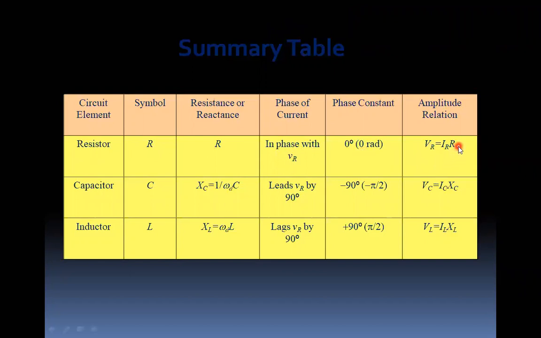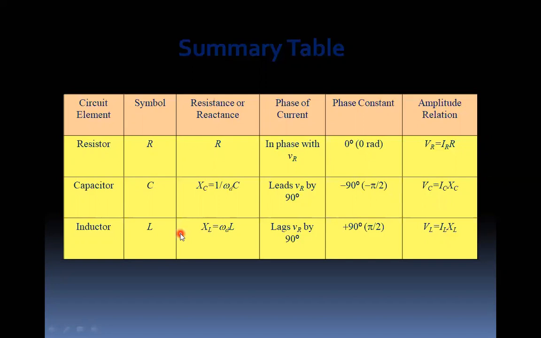In case of the capacitor, the symbol is C. The impedance is 1 by omega C, and it is leading the voltage by 90 degrees. The phase constant is minus 90 degrees or minus pi by 2, and the amplitude relation is VC is equal to IC into XC.